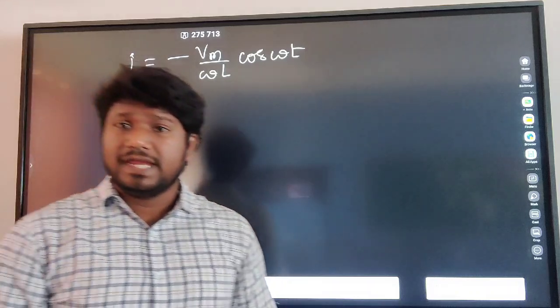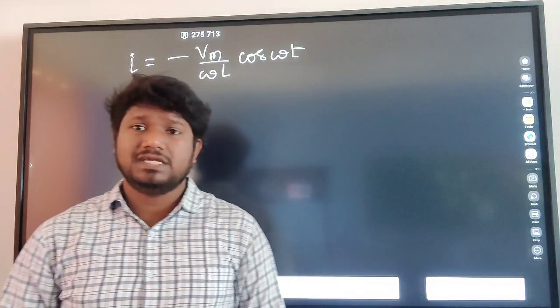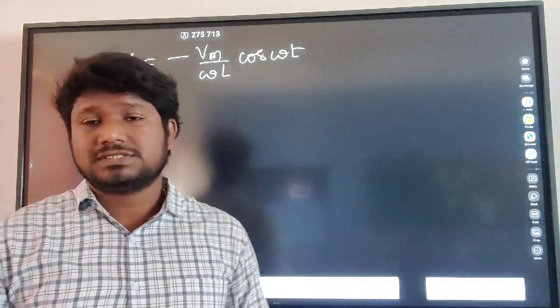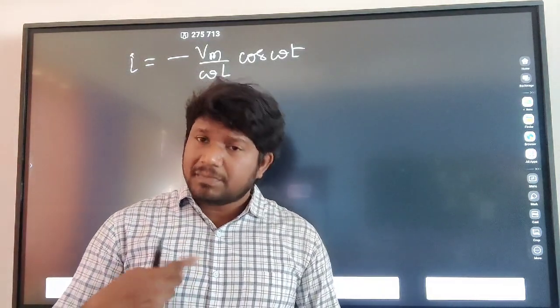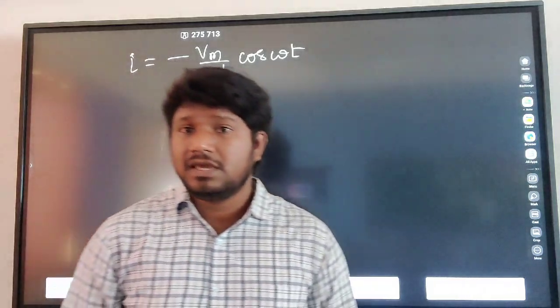If I want to find the phase difference between current and voltage, I want to convert them into the same trigonometric function. If I convert into the same trigonometric function, it will be useful. I can define things easily.